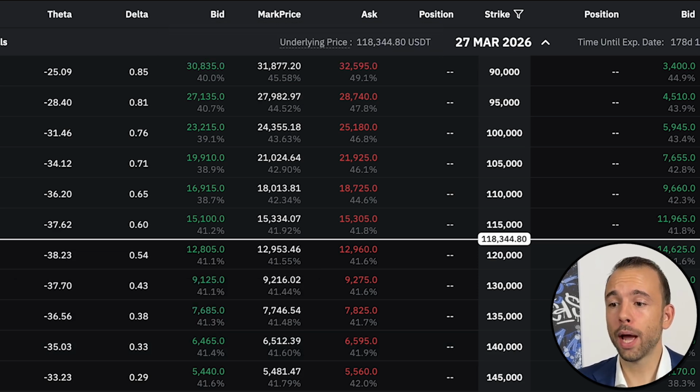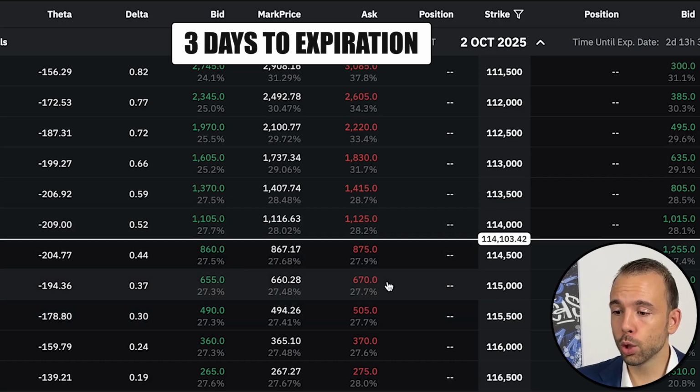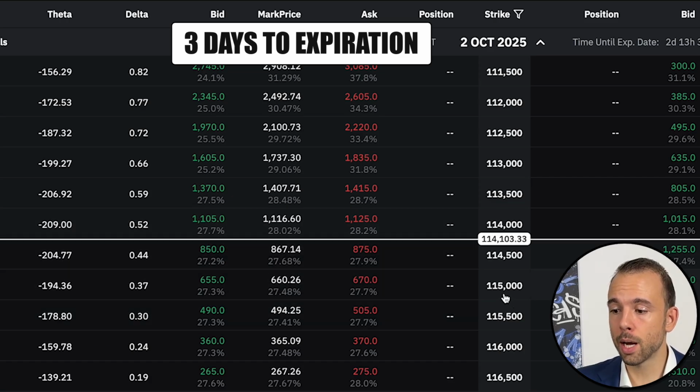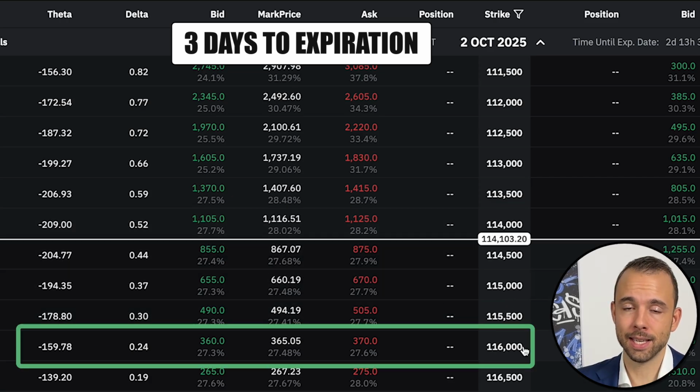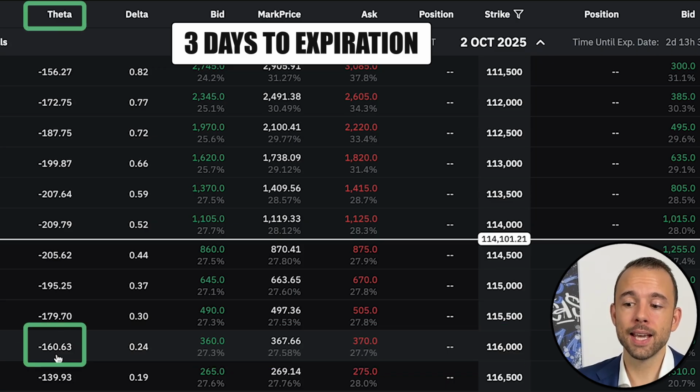And now let's take a look at the short-term options. And here we can see the magic. So let's take a look at the strike price of, for example, $116,000. Here we can see that the mark price of this option is equal to $367. Theta in this case is equal to 160.